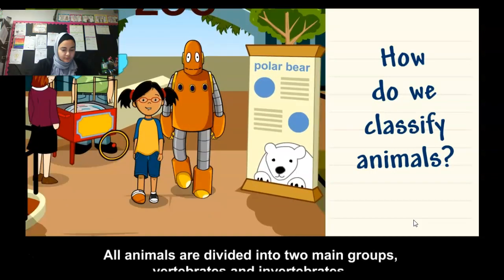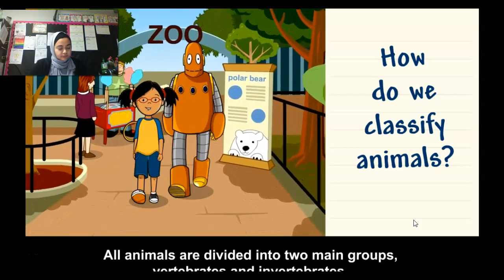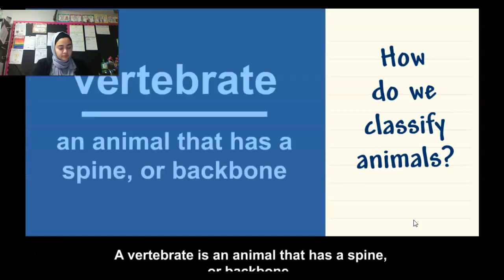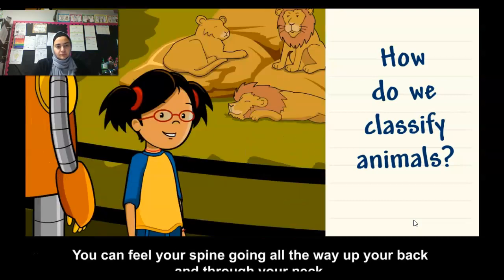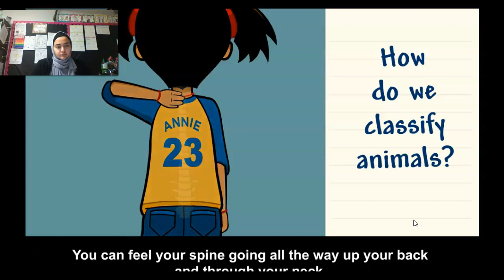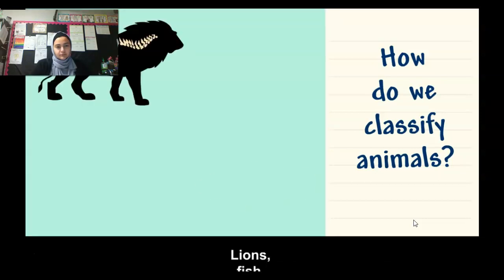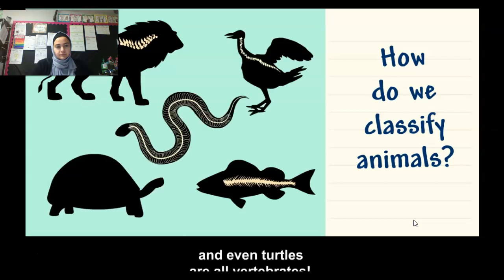All animals are divided into 2 main groups, vertebrates and invertebrates. A vertebrate is an animal that has a spine or backbone. People are vertebrates. You can feel your spine going all the way up your back and through your neck. Lions, fish, birds, snakes, and even turtles are all vertebrates.